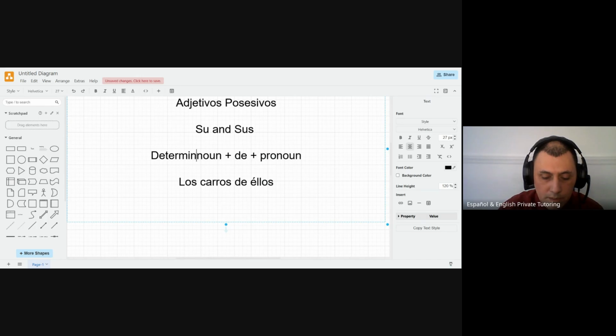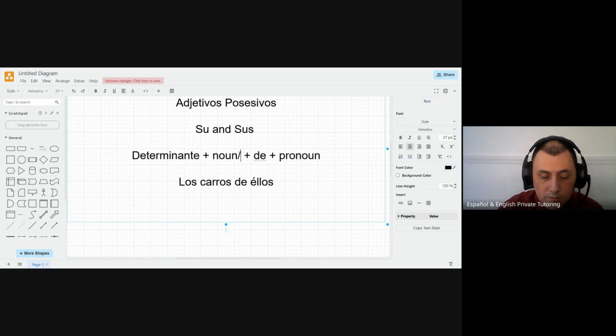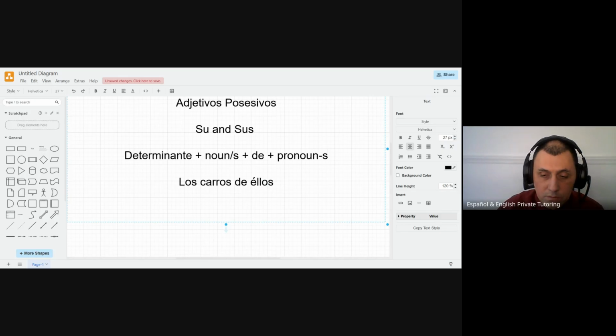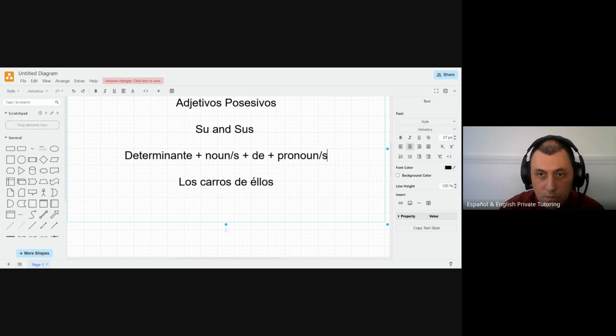Determinante. And I can explain this one. Determinante, determinant in English. Determinante, noun, or nouns. You can also have several nouns here. Plus the pronoun, pronouns.